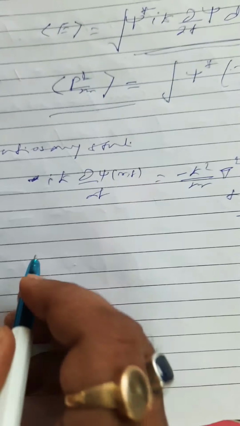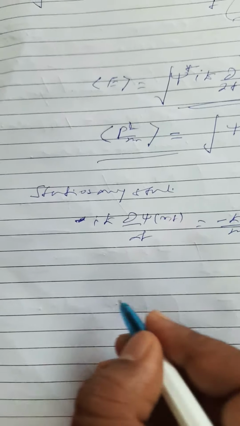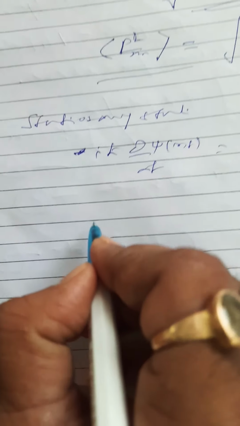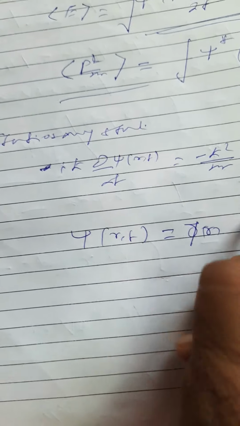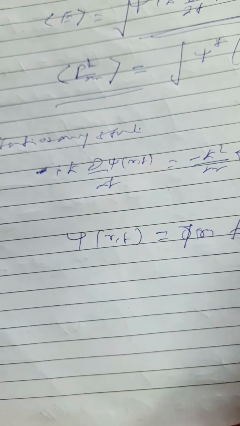Now we'll see if there exists a solution of the above equation of the form psi of r comma t equal to phi of r times f of t.